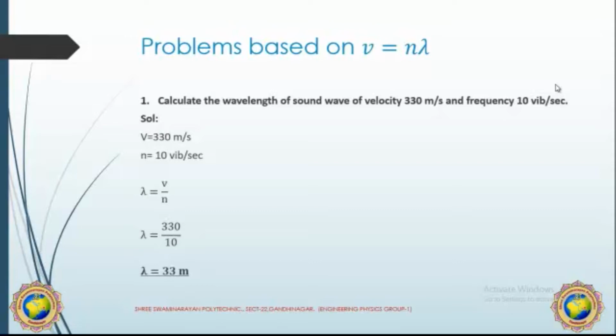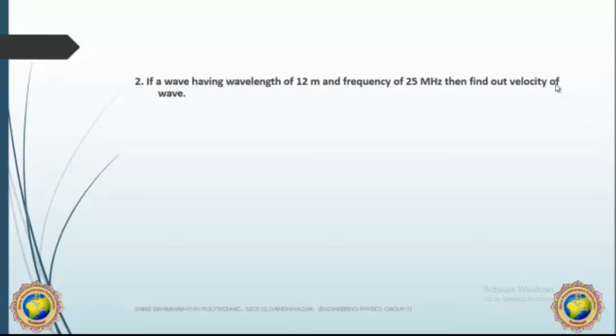Write down, understand. Now second example: if a wave having wavelength of 12 meter and frequency of 25 megahertz, then find out the velocity of the wave. Here wavelength is given and frequency is given.